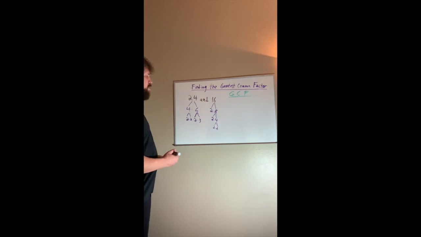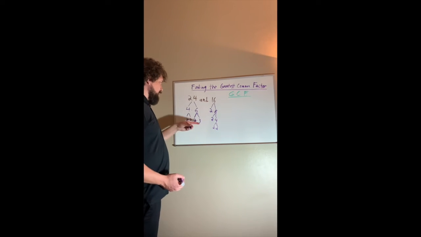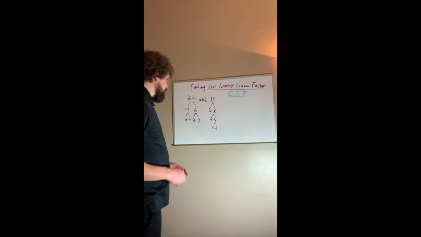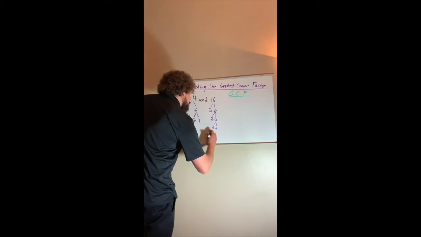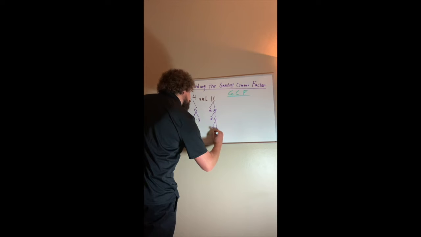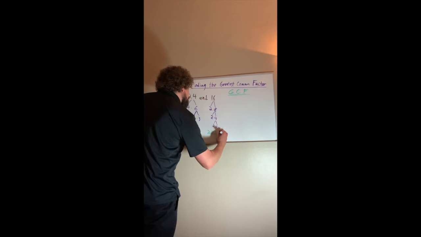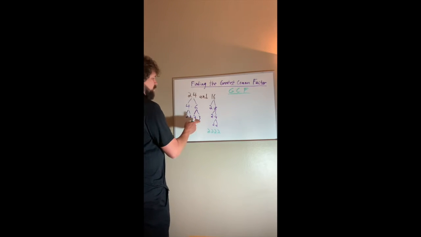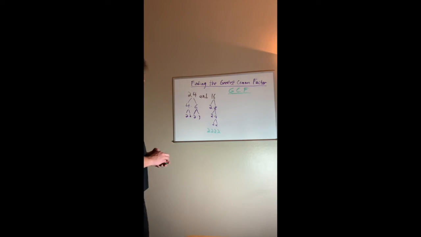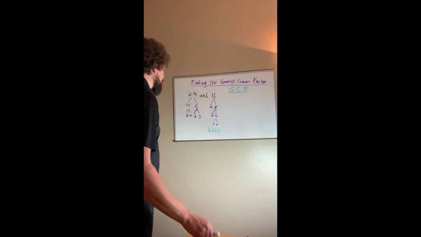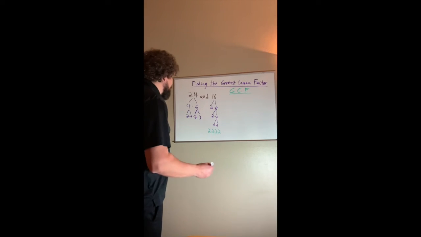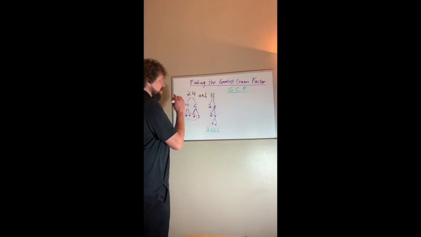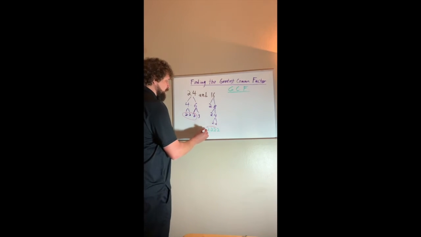All right, so if I were to rewrite this, make it a little bit more organized like this one, I could see that we've got 2 times 2 times 2 times 2, okay? Over here, we had 2 times 2 times 2 times 3. So really, one of the best ways to find the greatest common factor is by circling all the factors that these two numbers have in common.